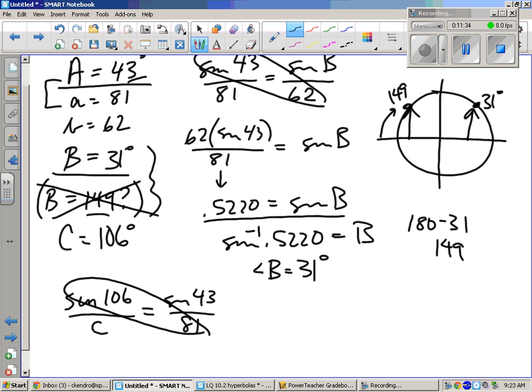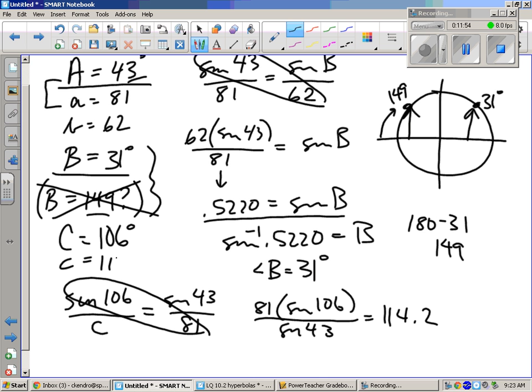Cross multiply those two, so I get 81 times the sine of 106, and then divide by the sine of 43, and I get approximately 114.2. So little c is 114.2. And it makes sense that little c is bigger because 106 is the biggest angle, so it should have the biggest side with it.